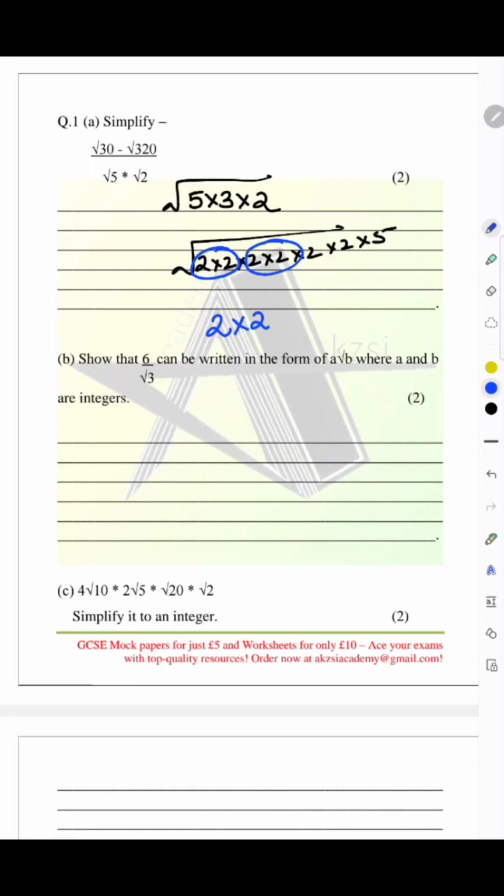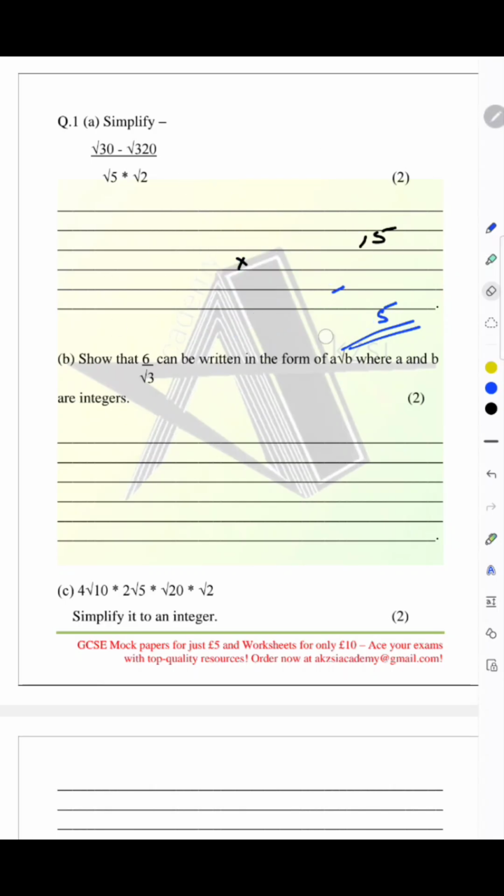Similarly the next pair of root 2 will give you 2, and the next will give you 2. And 5 is alone, so it remains inside the root sign. So you'll get 8 root 5. When you simplify root 320, you get 8 root 5. For root 30, you're not able to find any pairs, so that's why it was difficult to simplify it. This is the first method, by prime factorization.